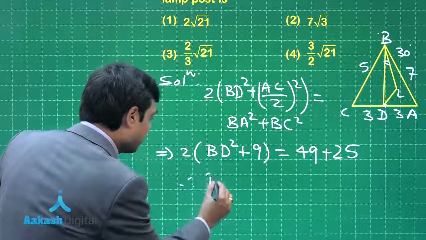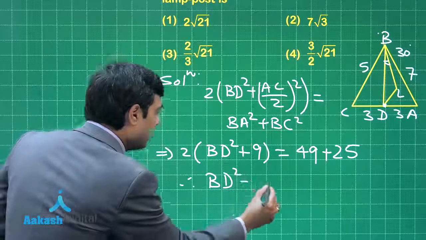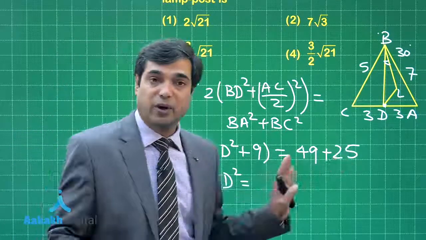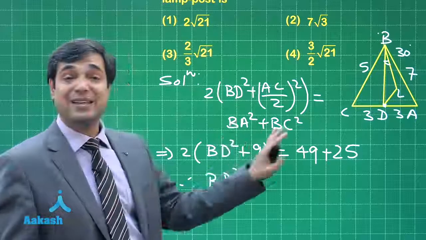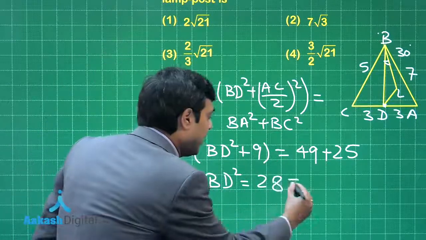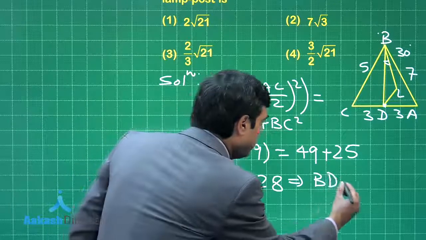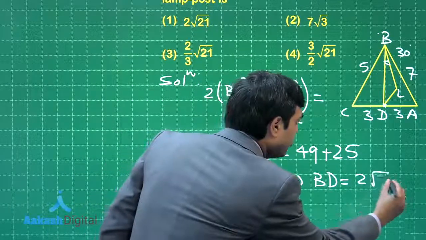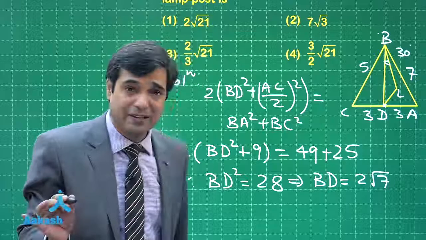Simplify this result to get the value for BD square. Now we can see 49 plus 25, that is 74, minus 18, that gives you 56, by 2 mean 28. So from here we get the length of median as 2 root 7. I am sure this part is clear.